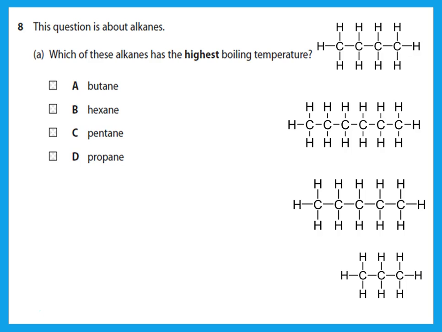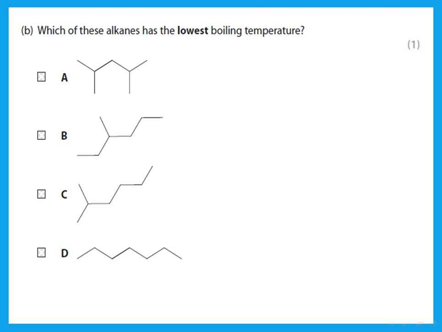Remember, which of these would have the highest boiling temperature? We said the one with the more number of carbons. Since all of them are alkanes, they will have only van der Waals forces between them. So the one that has more electrons in the molecule, more number of atoms, that will be the one that has the highest boiling temperature. So among all of this, hexane would have the highest boiling temperature.